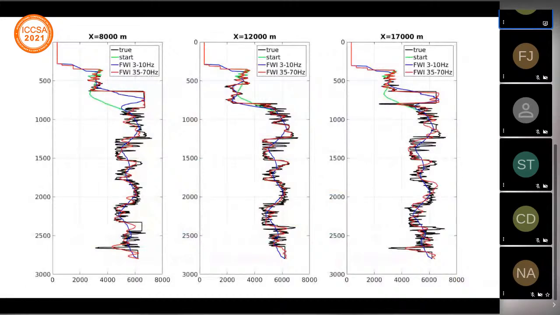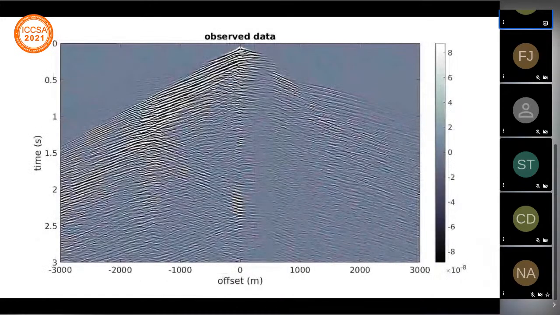And here are the vertical velocity profiles. The black plot is the true velocity distribution. The green plot is the starting model, the blue plot is the result of near-surface FWI, and the red plot is the final high frequency FWI model. And one may observe almost perfect reconstruction by the inverted high frequency FWI model.